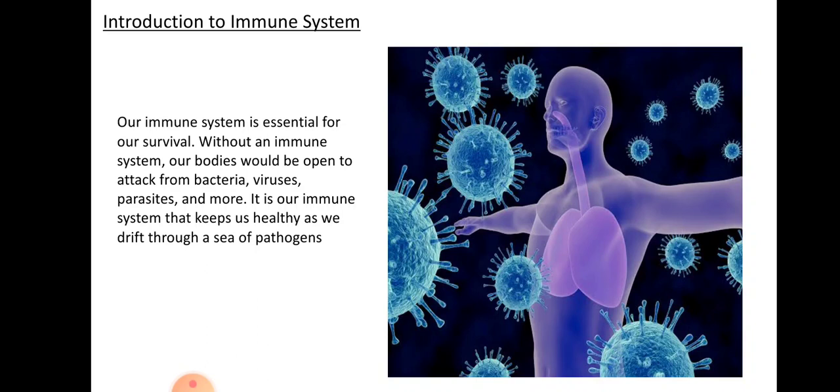The immune system is a complex system composed of a number of specialized organs, cells, and molecules. Together, these players defend the body against pathogens, attacks by various foreign invaders, particularly microbes, which tend to cause infection.